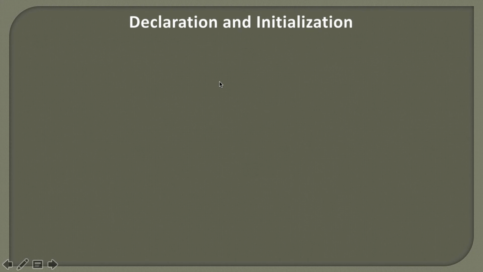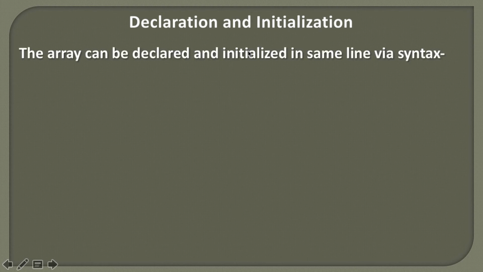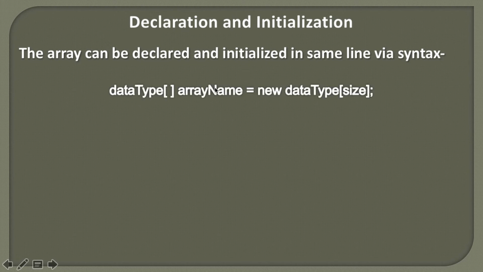Also, friends, usually we perform the declaration and initialization of an array in one go, or in one step. The syntax for that is, we can combine the declaration and initialization in one step: we give the data type, then square brackets, then the variable name equal to new data type for which we want to create an array, and then the size.